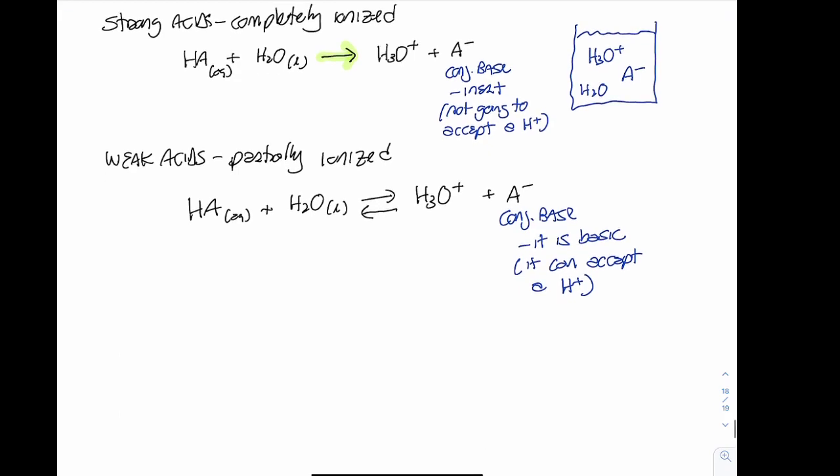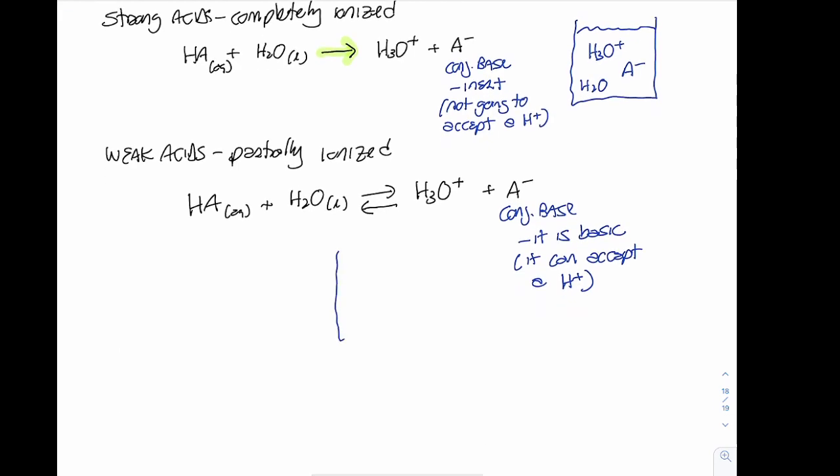If we were to do a beaker drawing for my weak acid, I would have some HA, hydronium ions, and my conjugate base, hydronium ions being my conjugate acid. When we say partially, it's actually mostly unionized, so it's really, and this is still not to scale, much more HA, right? Much more of our unionized acid than hydronium ions and A minus.